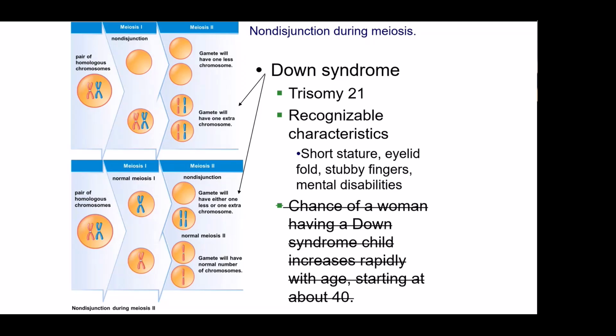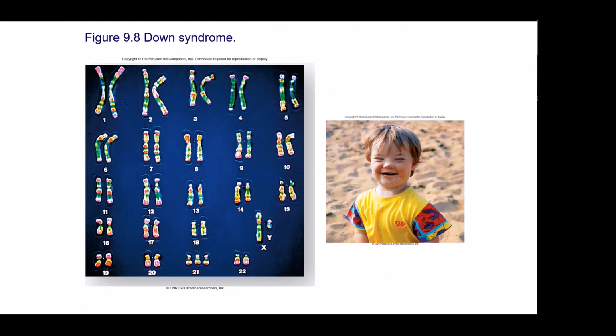Anyway, all right. So here is a young boy with Down syndrome, and you can see in this case, it's a male, but when you look at the homologous chromosomes on what's called a karyotype, this image of all the chromosomes paired up.